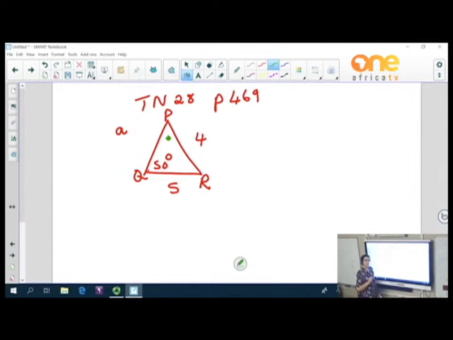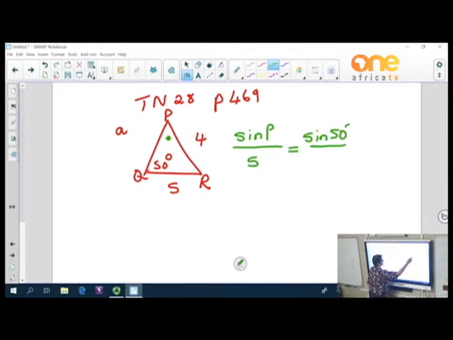This time we're going to put the angle at the left-hand top. So I'm going to start with sine P. I reverse the formula. Sine P is opposite 5. And then here, sine 50 degrees is opposite 4. This time you want to calculate sine P. So sine P is then equal to 5 times sine 50 divide by 4.